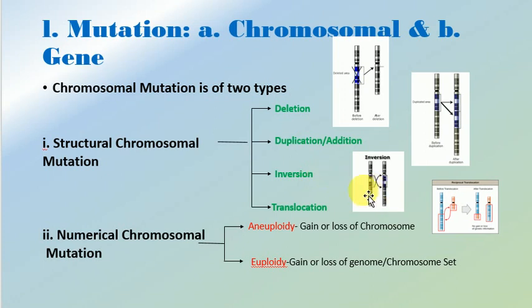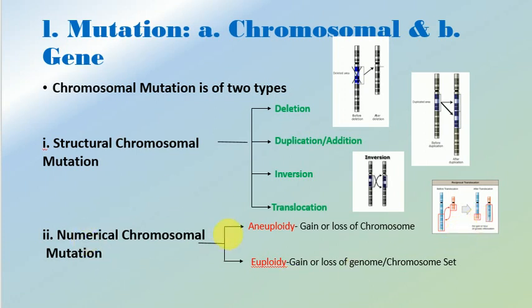Inversion is the process of cutting the particular portion of the chromosome that rotates at 180 degrees, and again that portion gets rejoined to the same chromosome. In the translocation, a part of chromosome gets cut from the chromosome and it gets shifted on another chromosome, that gets translocated to some other place on the other chromosome.